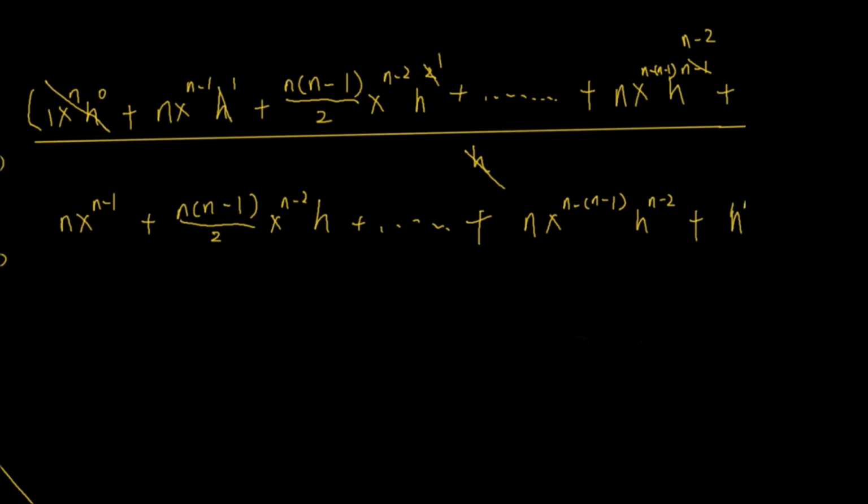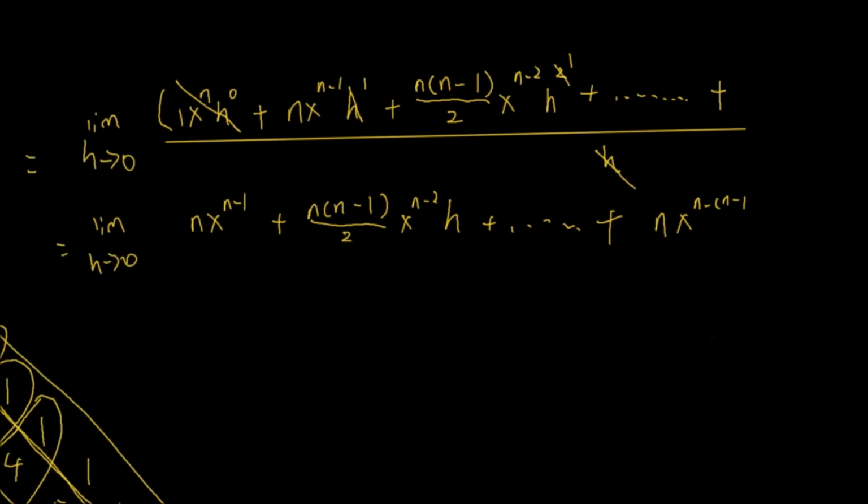So what does it mean? Now we can plug 0 into h because it's not dividing by h anymore. So this is n times x to the power of n minus 1. Since there's no h term, we leave it like this. Plus, because h approaches 0, we put 0 into all the h here now.